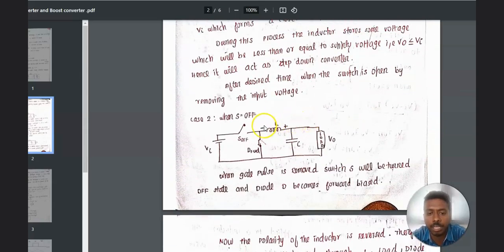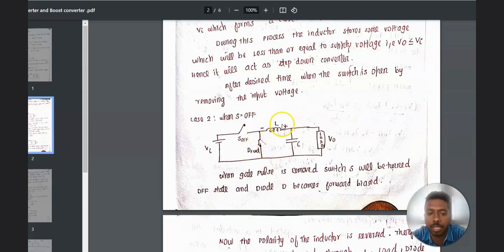In the second case, after some time, the switch gets released. Therefore, the circuit becomes open. In this case, whatever charge is stored in the inductor will be discharged through this loop, because the negative voltage will be given to the cathode terminal. That is forward bias, and we already know that when a diode is forward biased, it conducts.